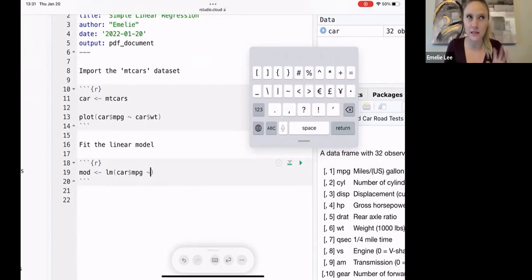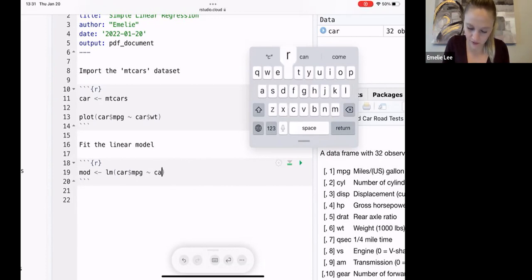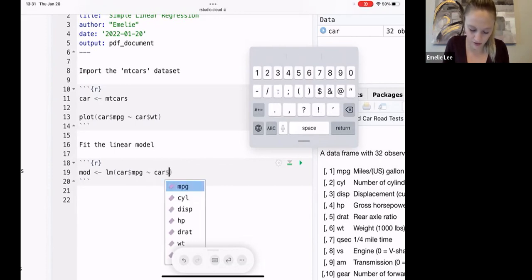So it has to be a linear model of y tilde x. That's going to come in handy later, because if we have more than one explanatory variable, then we would have y tilde and then all our x's tacked on at the end, right? But we're going to go nice and slow here. Car$WT.